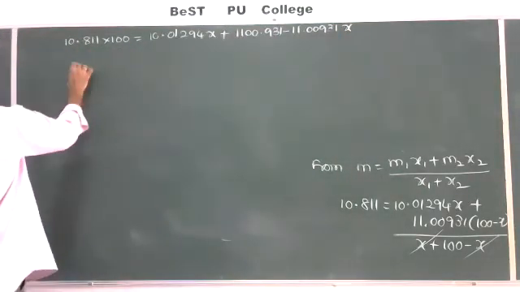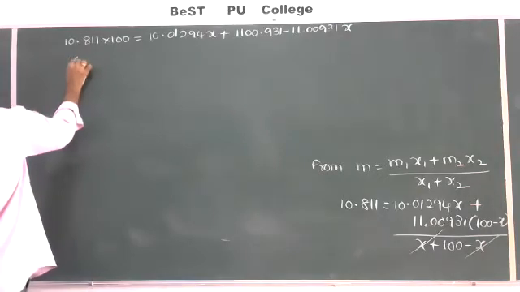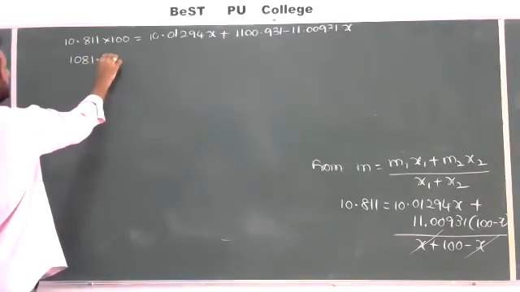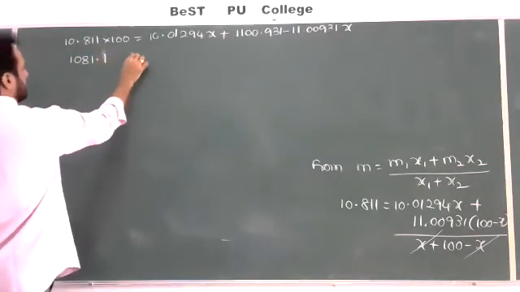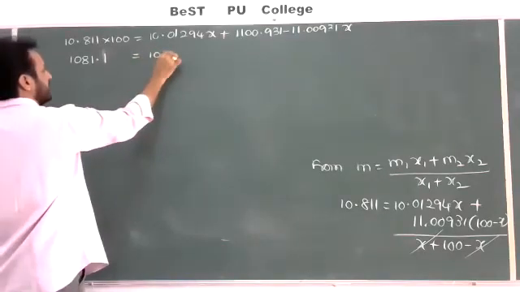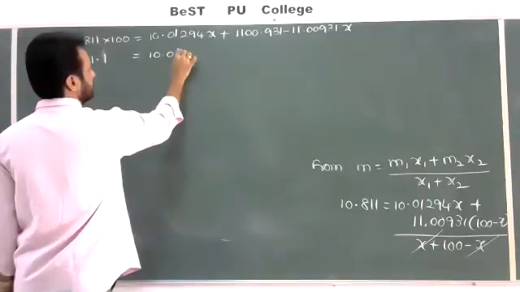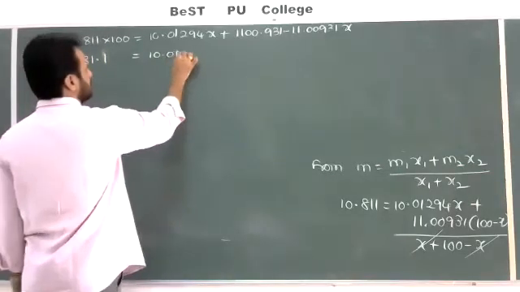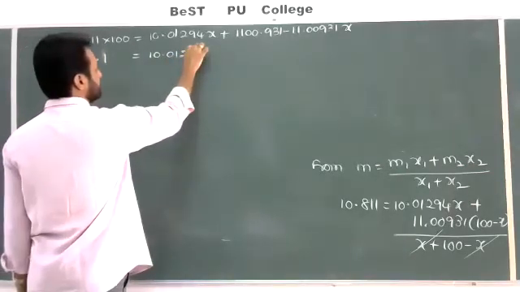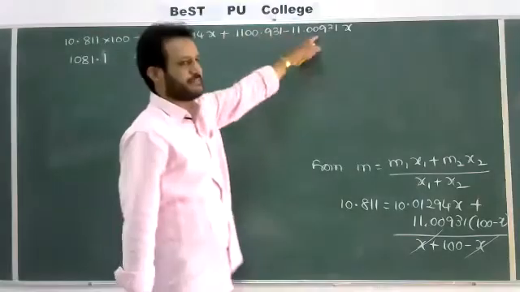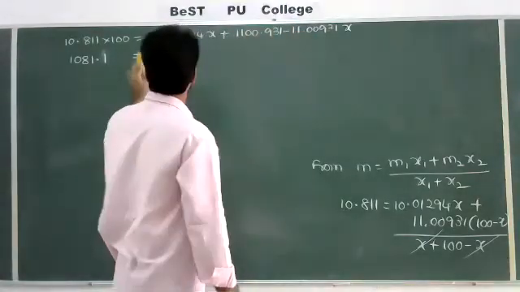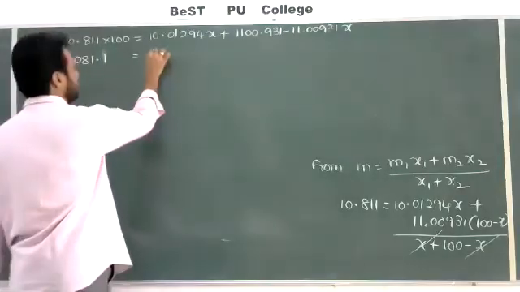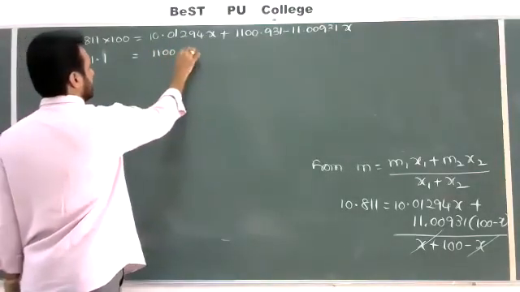If you multiply this one, that is equal to 1081.1, equal to 10.01294 into x plus this value. These two terms we may simplify directly. First I'll write 1100.931.